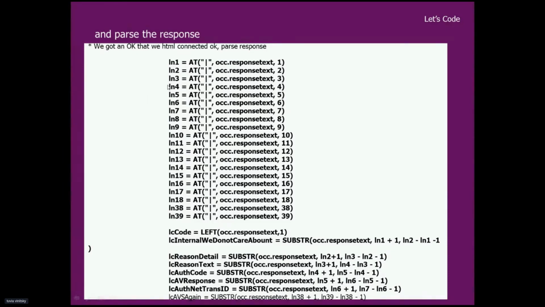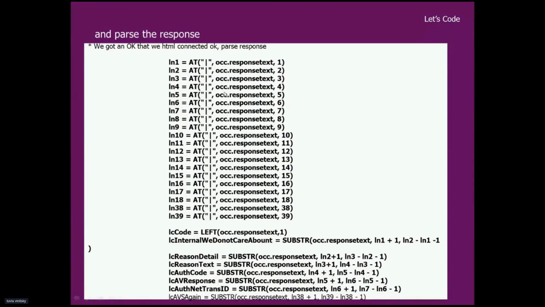Now, we got a response in response text. Yikes, it's a big old long response text thing where it's all jammed together. So we're parsing it. Usually, not always, gateways delimit their lines with these little vertical bars here. There's always a character that's only used as a delimiter.